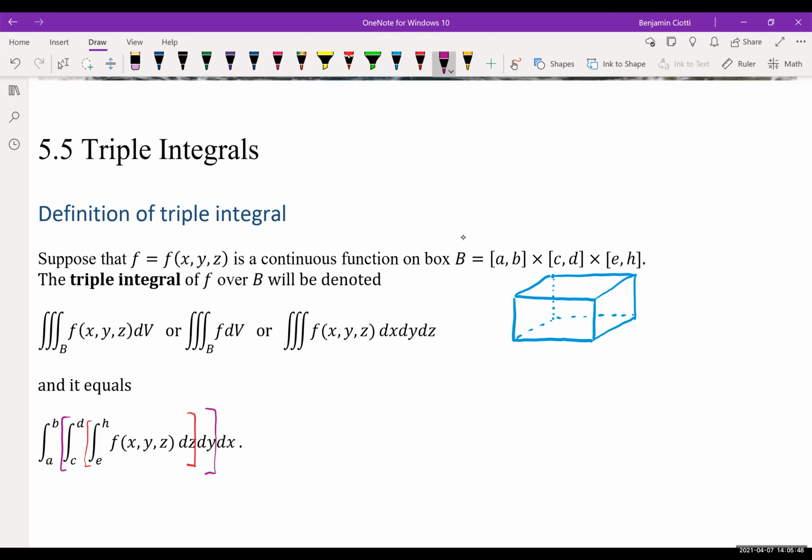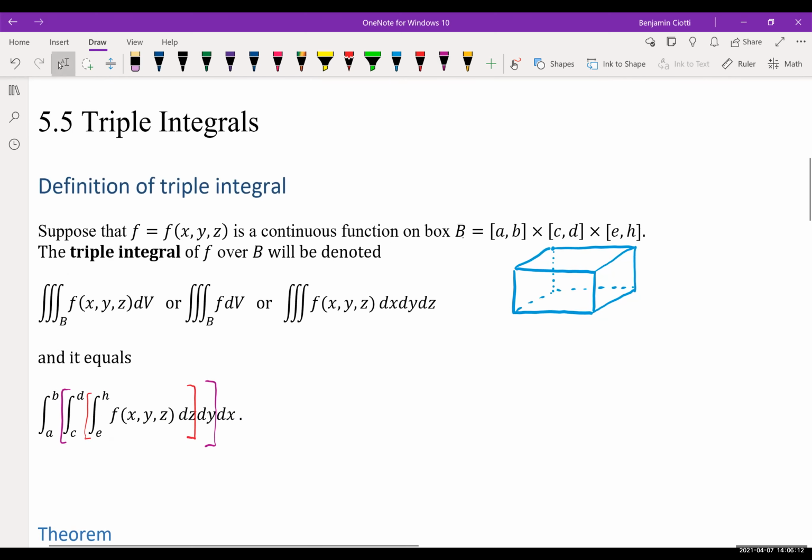And then perform the x integration. So you might be wondering, well, what's so special about z? Like, why did we have to integrate z first? And the answer is there's nothing special about z. So I will immediately show you that actually you can integrate in any order.